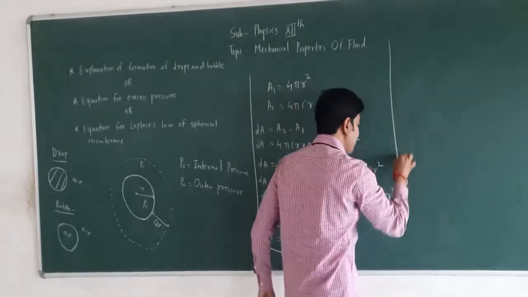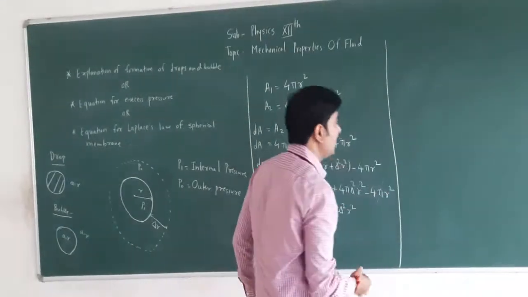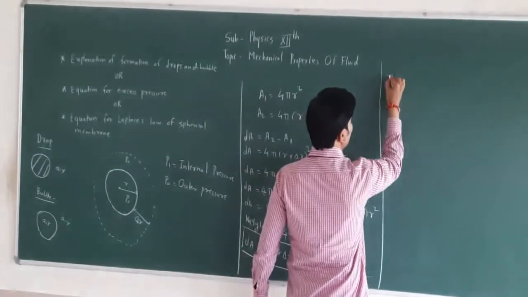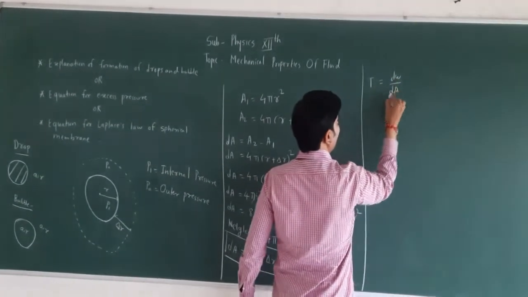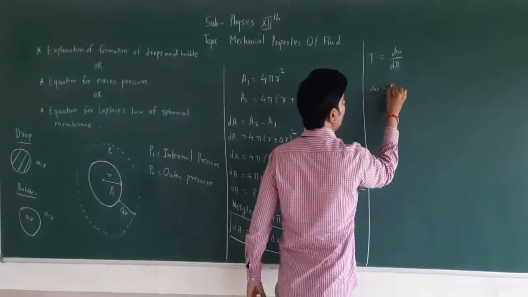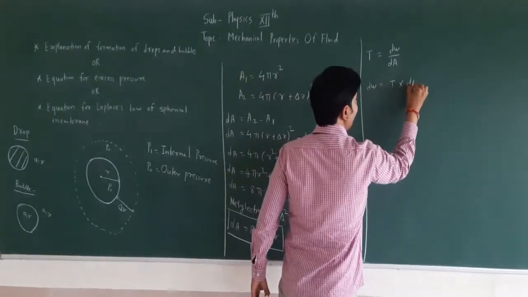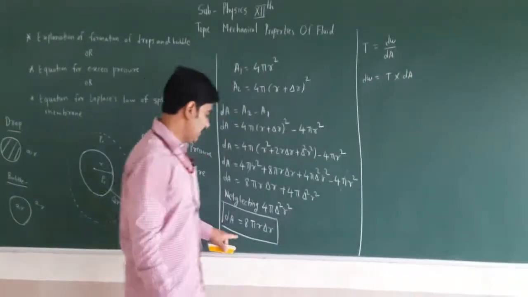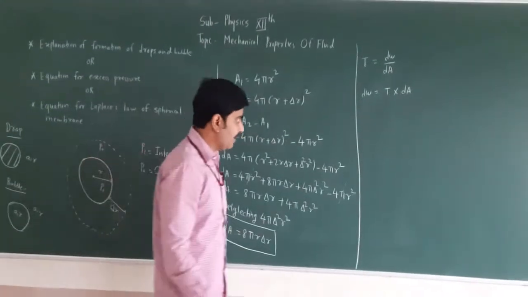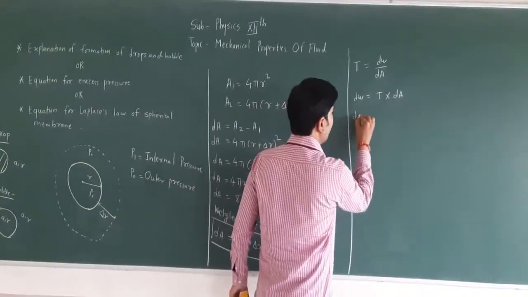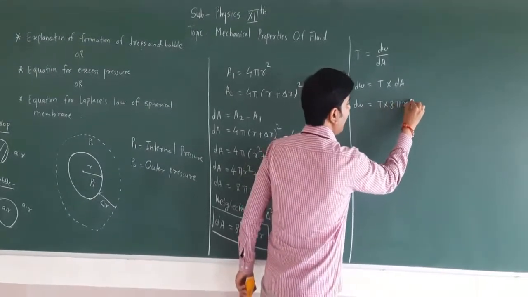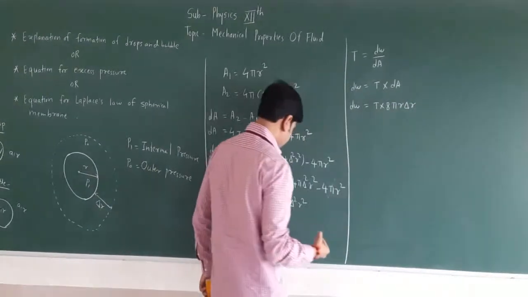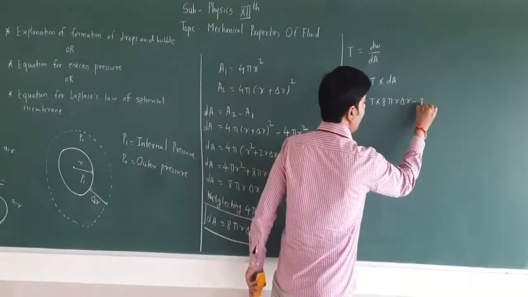According to the definition of surface tension, T is equal to dW by dA. So dW is equal to T into dA, and what is the value of dA? That is 8 pi R delta R. So dW1 is equal to T into 8 pi R delta R. This is equation number 1.